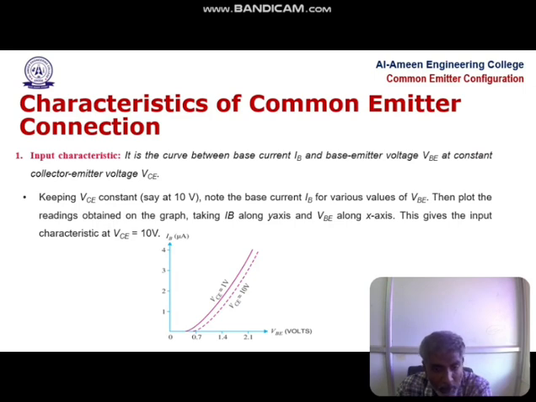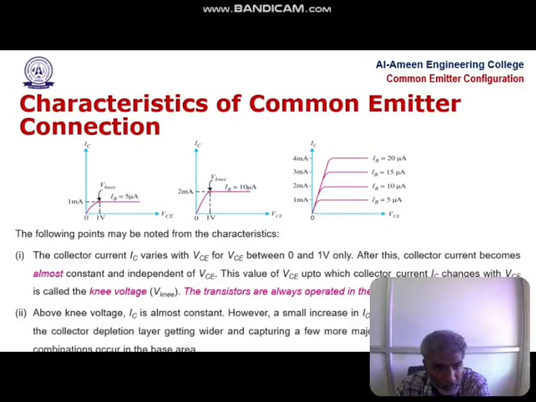This is the input characteristics. While going for the output characteristics, we are keeping the base current constant, and then we are going to measure the collector current and the collector emitter voltage. This graph shows that the base current is kept constant at 5 microamps.